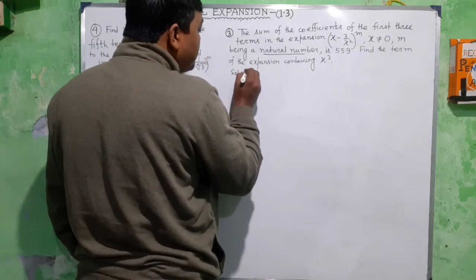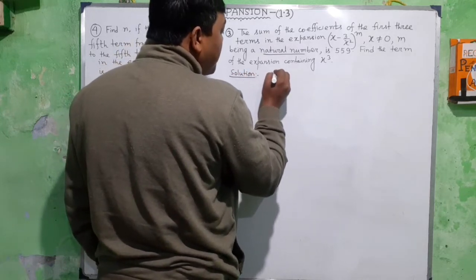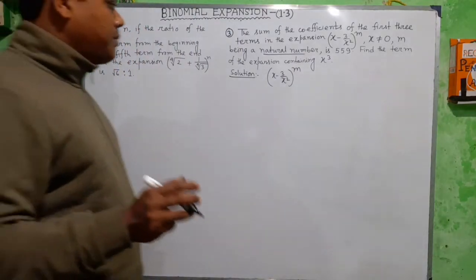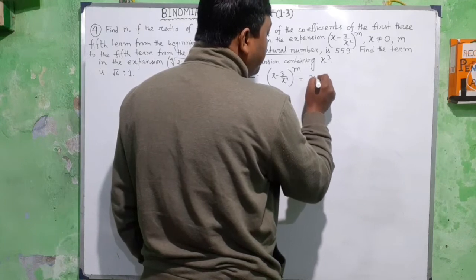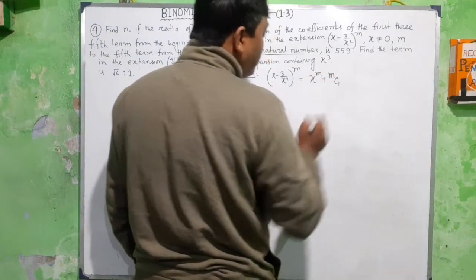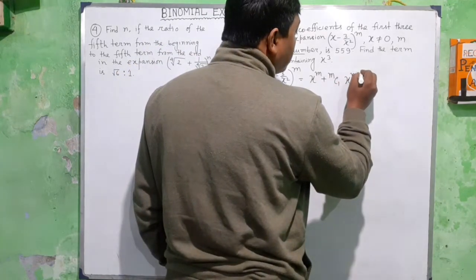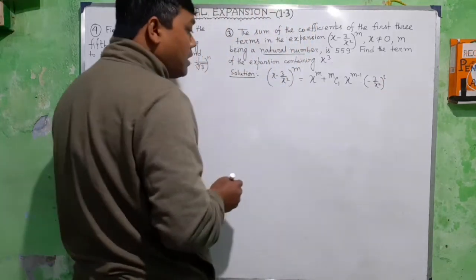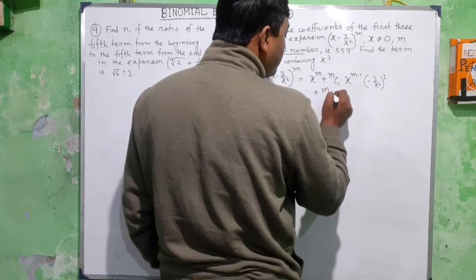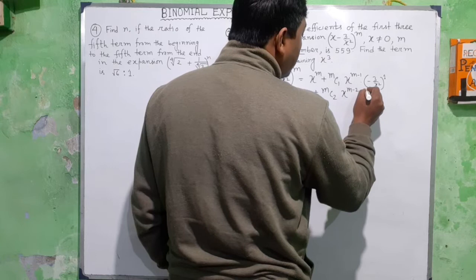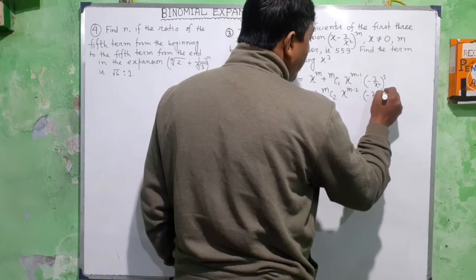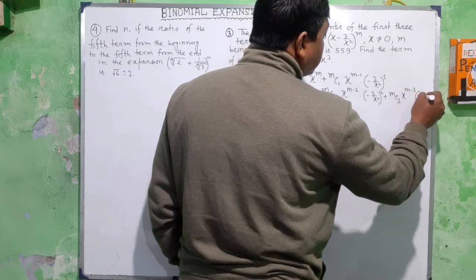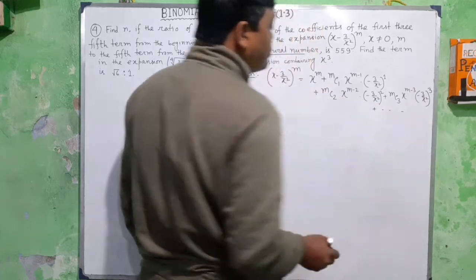If we solve this problem, how do we expand this? (x minus 3 by x square) whole to the power m, if I expand this up to some terms: the first term is x to the power m, plus mC1 x to the power (m minus 1) into (minus 3 by x square) to the power 1, plus mC2 x to the power (m minus 2) into (minus 3 by x square) whole square, plus mC3 x to the power (m minus 3) into (minus 3 by x square) to the power 3, and so on.